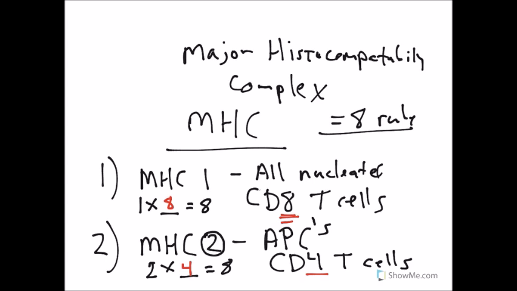So the first thing we're going to look at is MHC1s and how they play a role in your particular immunity. Let's take a look in our body, and we have a cell here, and this cell is like any other cell. It has a nucleus, and in the nucleus there is DNA, and the DNA codes for proteins in my body.